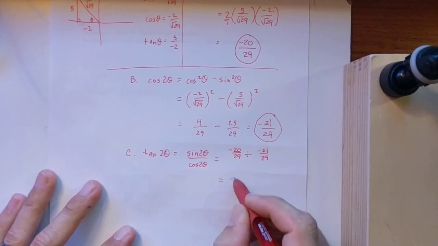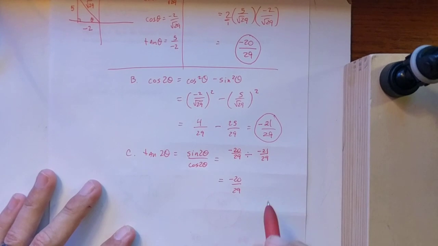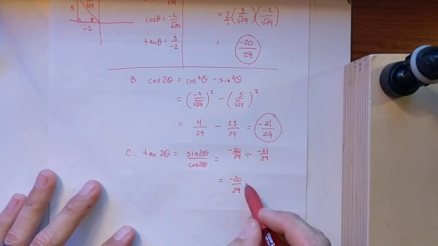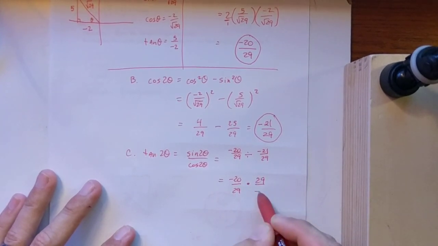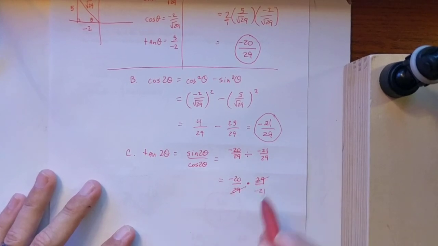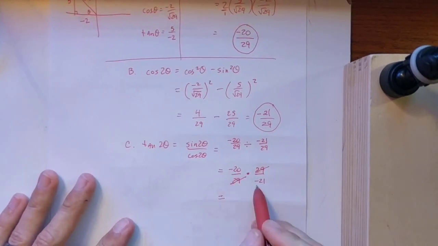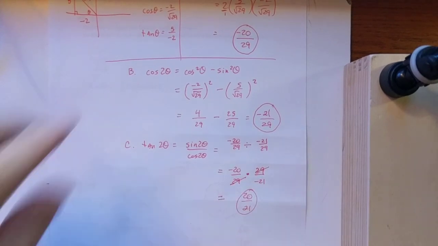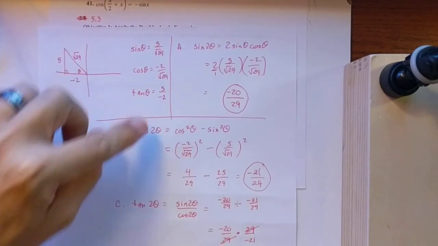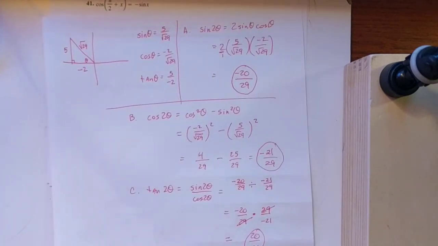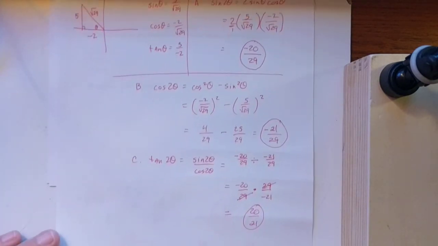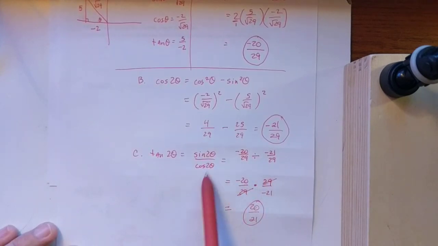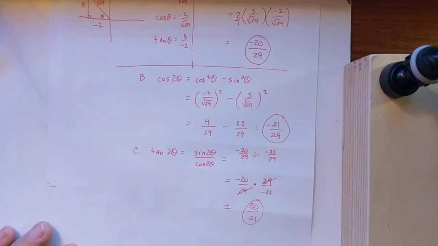And so what does that make? Well, remember from earlier math that when you divide by a fraction, you multiply by its reciprocal, right? So the 29s immediately cancel out. A negative divided by negative is a positive, so you get 20 over 21. If you do the other formula and you put the 5 over negative 2 in for the tangent, it will still work out, but it's much more difficult than just dividing the answers that you already have.